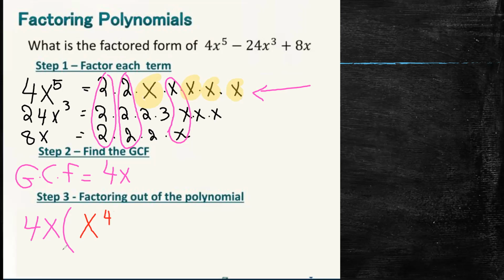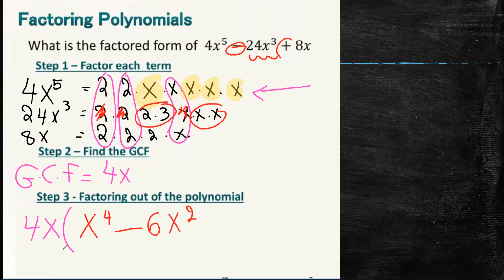Then what is the sign here? It is minus. I keep it as minus. Then I have now 24x cubed. For this 24x cubed, if I take from it the GCF, what is left? The 2 and the 3 and x squared. Yes, so it will be 6x squared.